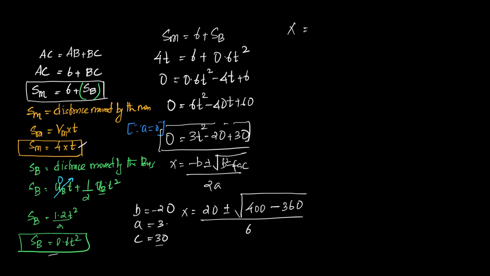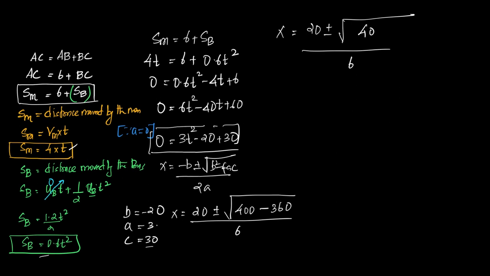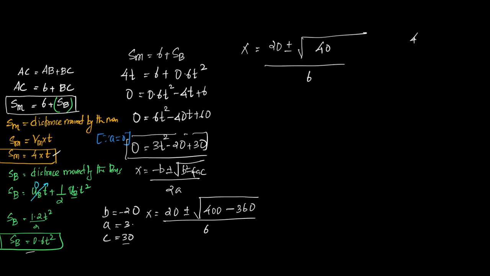So x is equal to 20 plus or minus root of 400 minus 360 is 40, the whole upon 6, right? So 40, I can write it as 2, 20, 2, 10. So x is 20 plus or minus root of 2 into 2 into 10, the whole upon 6.